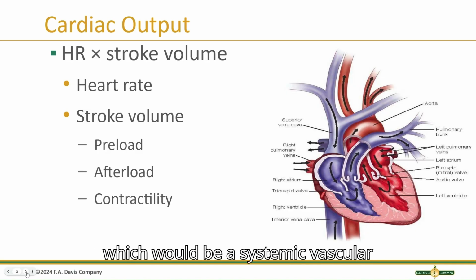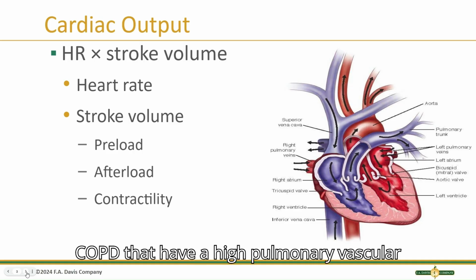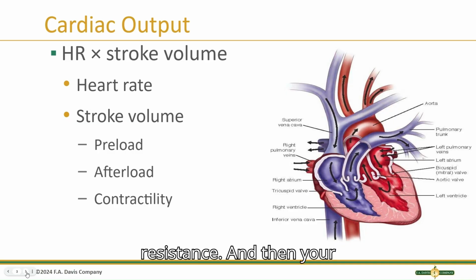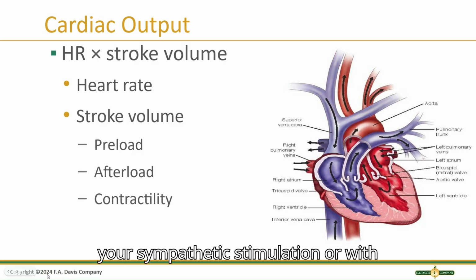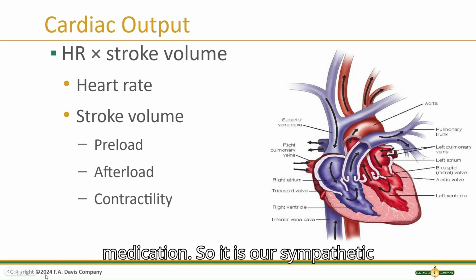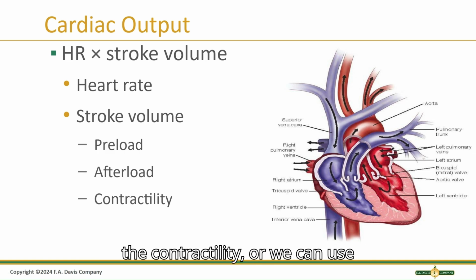So your afterload again is the resistance that flow must overcome to open that aortic or pulmonic valve to get the contents out. You might see a higher afterload with patients that have hypertension, which would be a systemic vascular resistance, or possibly patients with COPD that have a high pulmonary vascular resistance.